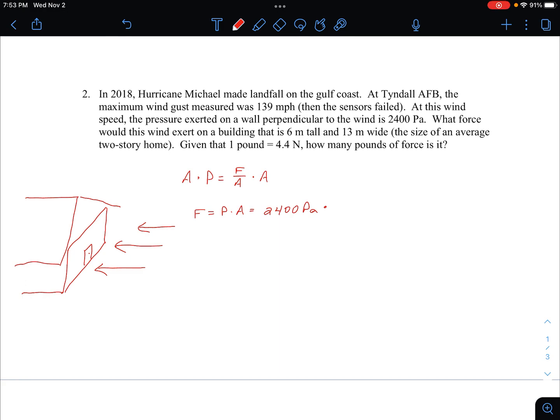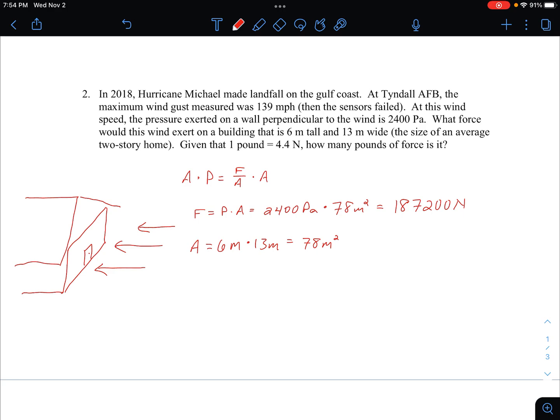The area of this building, if we assume it's rectangular, is 6 meters times 13 meters, which is 78 meters squared. So I'm going to multiply the pressure by 78 meters squared, and that's going to give me the force. This is 187,200 newtons.